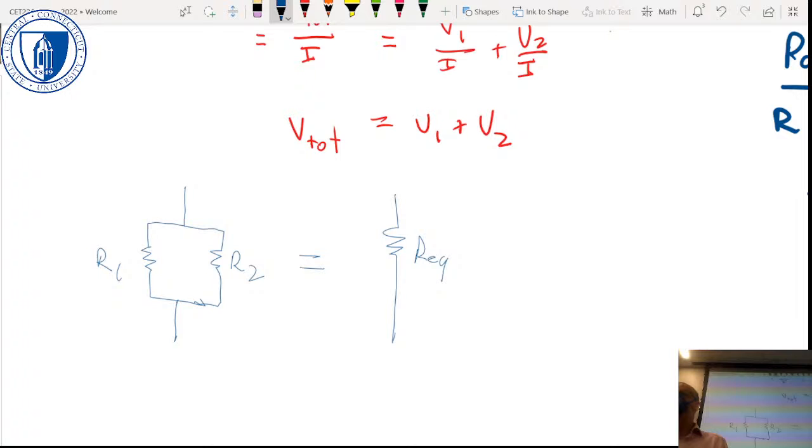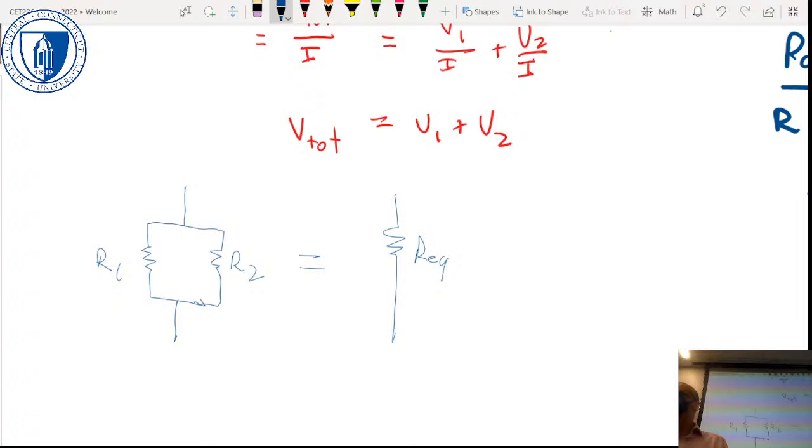We can rewrite this equation as I in equals V in on R1 plus R2, and we can substitute that value for I in into here, and we just get, right, R2 divided by R1 plus R2 times V in.